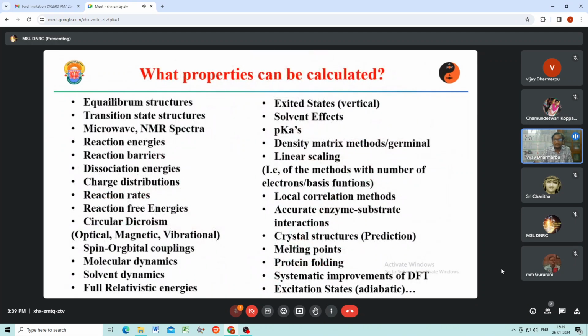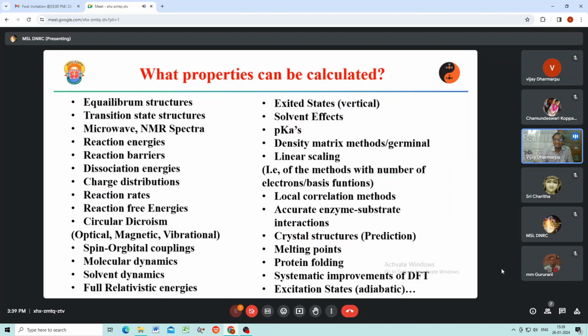What properties can we calculate? These are all the properties we can calculate. I just touch some of the things: optical and magnetic and vibrational dichroism, spin orbital couplings, some K points, density matrix, excitation states, solvent effects.